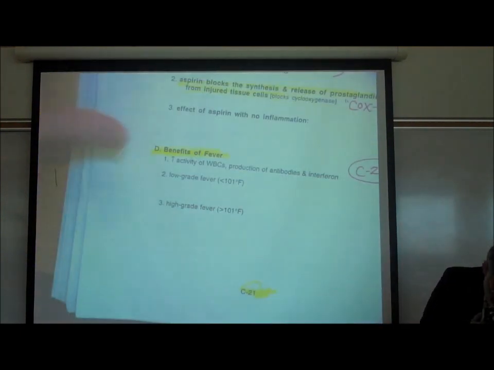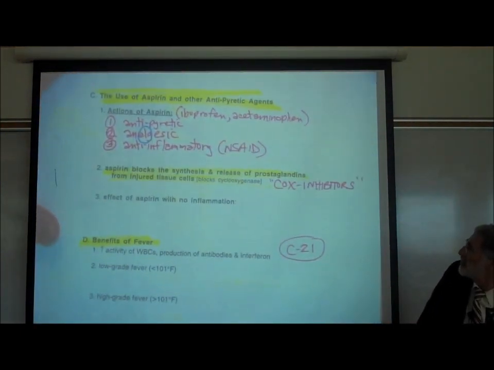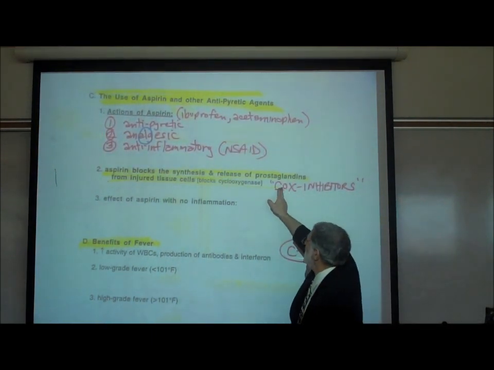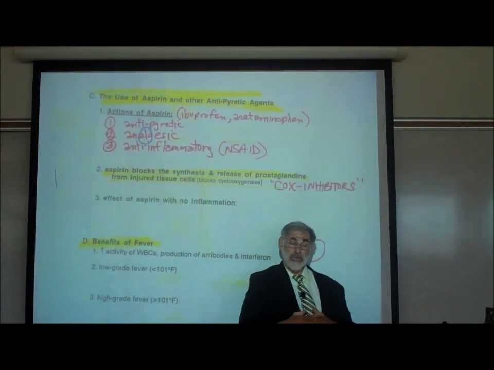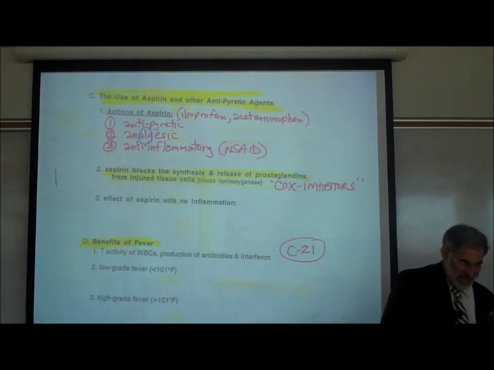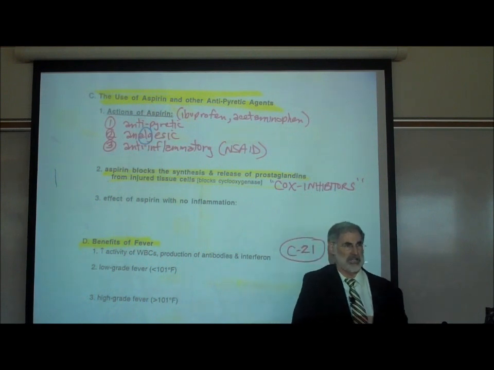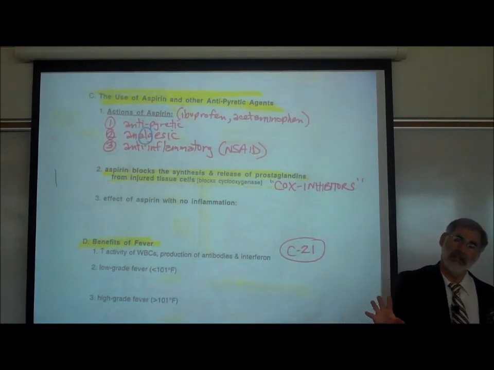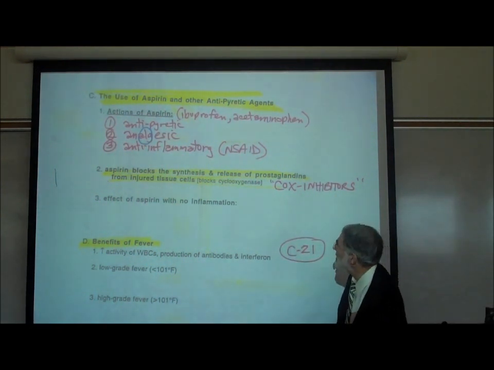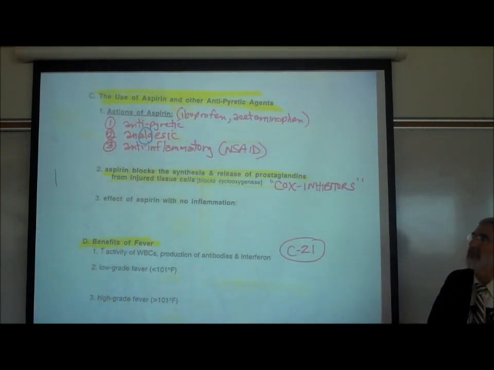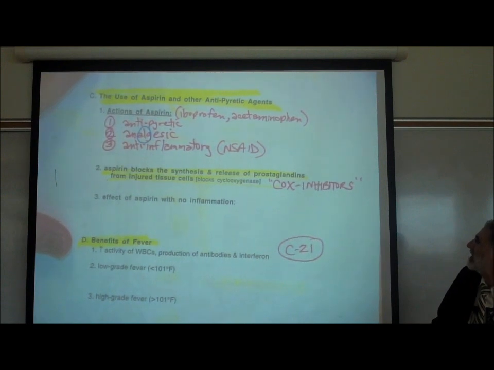We wrote that on page C21. So on C21, aspirin, and same with these other drugs, block the synthesis and release of prostaglandins from injured cells. The way they work is they're actually enzyme inhibitors. They actually block an enzyme called cyclooxygenase. I'm not asking you to know that. How would you know that's the name of an enzyme? It ends in ase. So we say aspirin and Motrin and these other drugs are COX inhibitors.